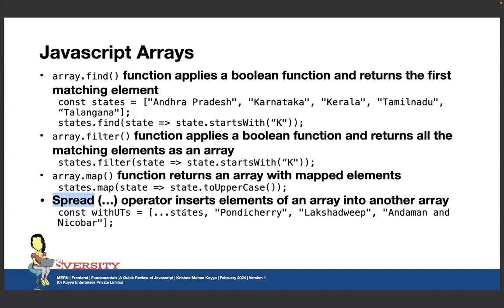For example, I have an array with some 5 states, and I want to create an array with union territories also. I want all the states plus some of these union territories as well. So I'm not repeating the state names here. I'm just spreading the values of the existing states array. There are 5 values, and all those 5 values will appear here as the values of the new array, followed by the 3 new values.